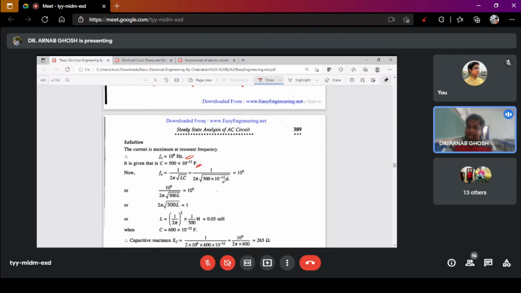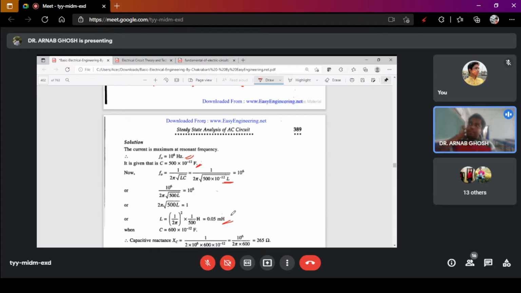You can calculate L. So your L will be equal to 10 to the power 6 by 2 pi into root over 500 picofarad. If you calculate this entire thing, this will come out to be 0.05 millihenry. Is this clear?